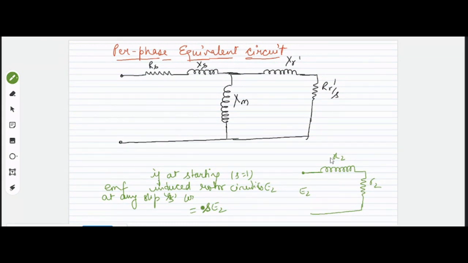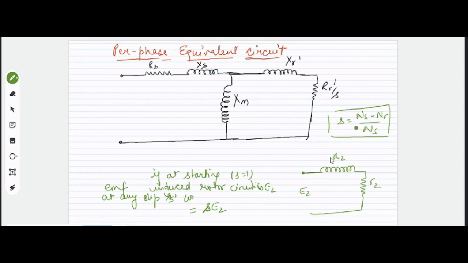अगर E2 जो है वो EMF है जो इंड्यूस होता है जब रोटर रुका हुआ है, तो जब रोटर घूमने लगेगा तो कोई स्लिप जनरेट होगी. स्लिप का मतलब समझ में आ रहा है ना? Slip is the relative difference between NS and NR. Slip is defined as NS minus NR over NS.